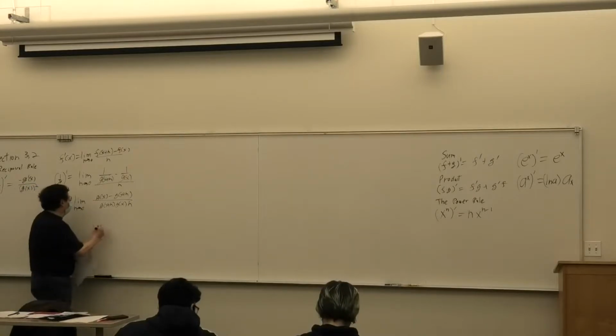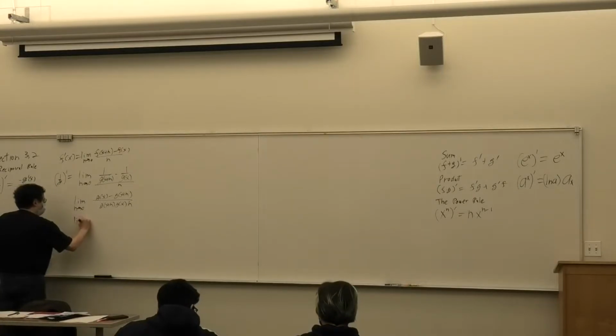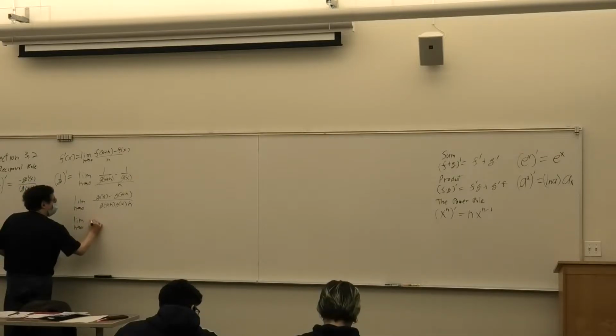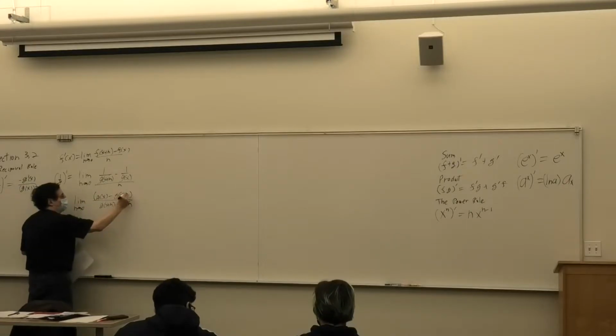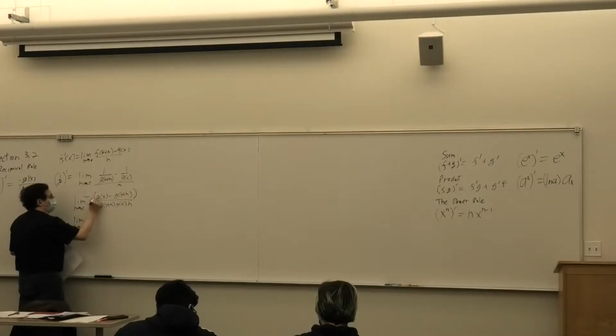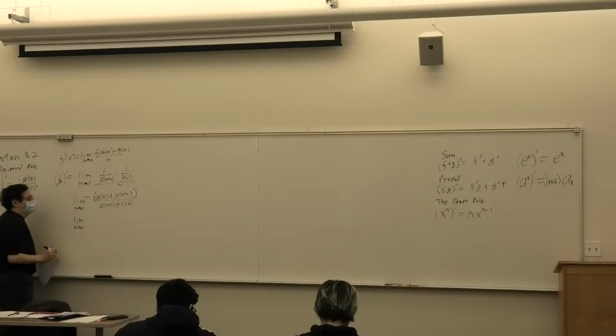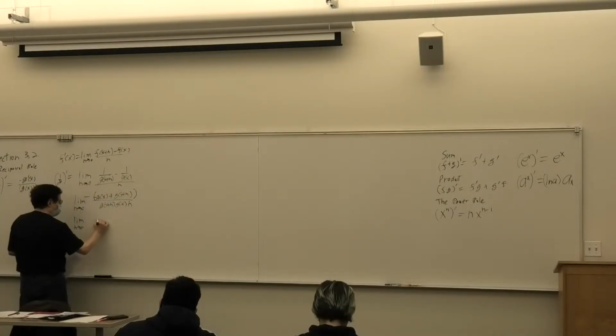All right, so now we're going to rewrite this as a product. I'm going to do a trick here: a minus here and a plus here, so I can switch these two.